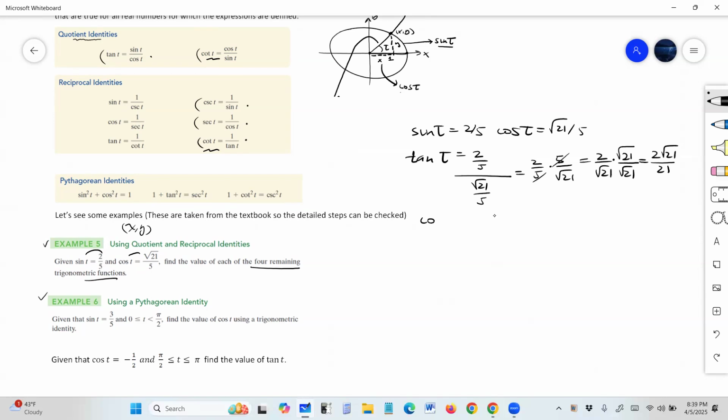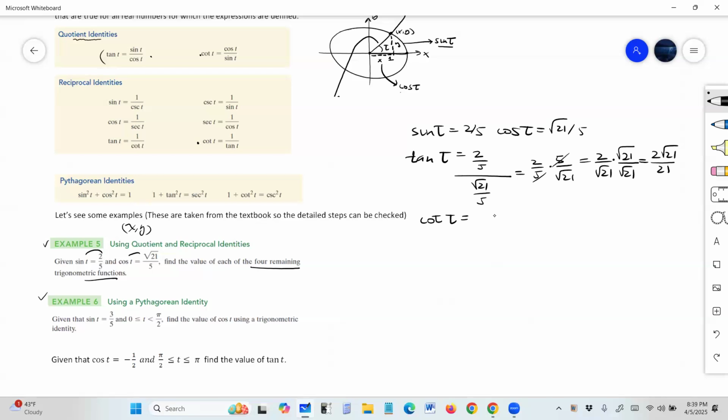Now, if we have tangent, we can immediately find cotangent. So cotangent, I can use this definition, or I can use this. Sometimes this definition might be easier, sometimes this one. In this case, the first definition may be easier. And it's okay if you don't see it yet. You can use either one and you're going to get to the same result.